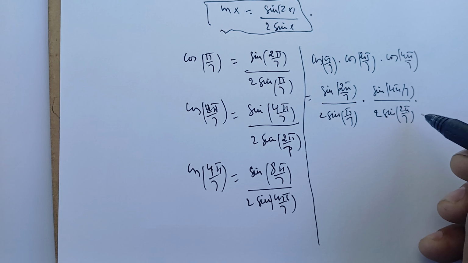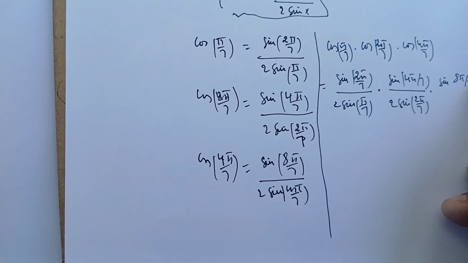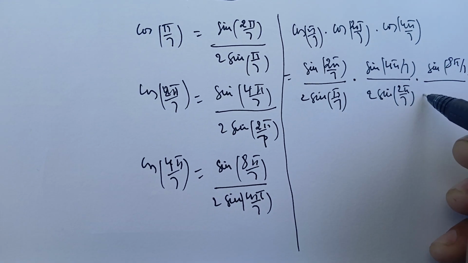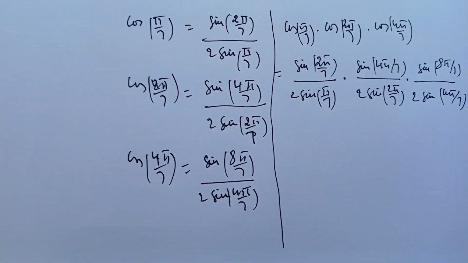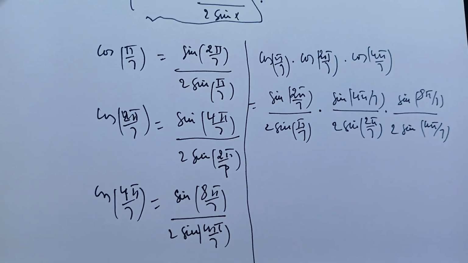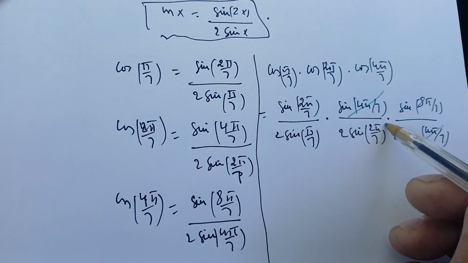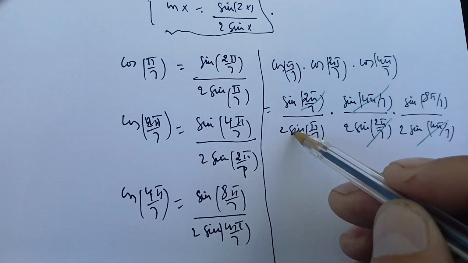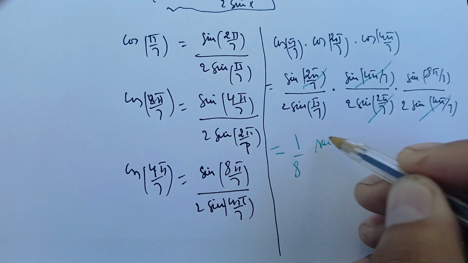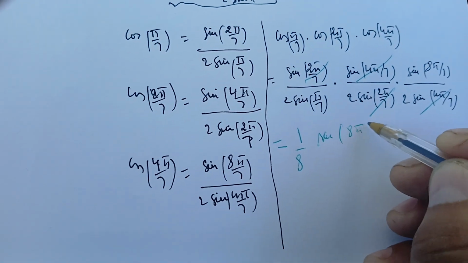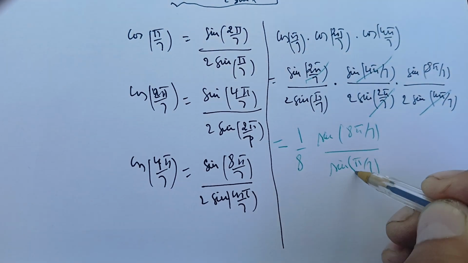And the last one is sine 8 pi over 7 over 2 sine 4 pi over 7. Now we're going to do some cancellation. This one is going to go with this one, and this one with this one. So what we have left is 1 over 8 times sine 8 pi over 7 over sine of pi over 7.